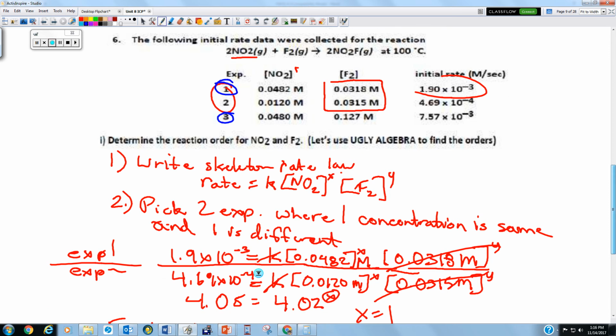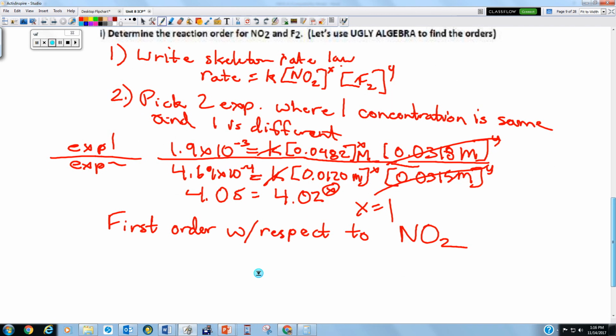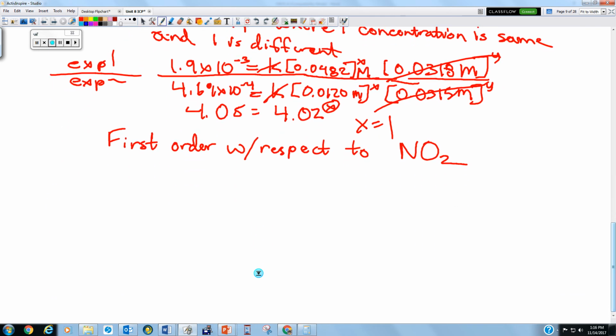So we are dealing with experiment 1 and 3. So we're going to put 3 on the top, experiment 1 on the bottom. Does everybody understand why I put 3 on the top? Just makes for cleaner math. The rate's larger for 3 than it is for 1.